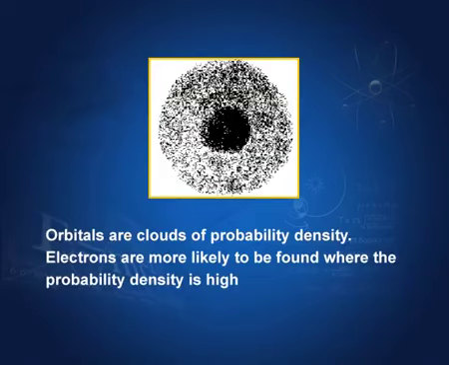What is the true picture? Now, we talk of not orbits, but orbitals. And what are these orbitals? These orbitals are actually the clouds of probability density. You see, this is a fuzzy thing, there is no orbit, the whole thing is like a cloud, and this is the cloud of probabilities, and wherever the density of probability is high, there is likelihood of the electron to be found at that location.